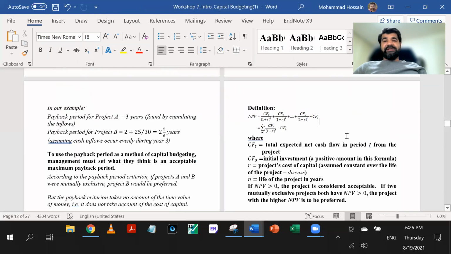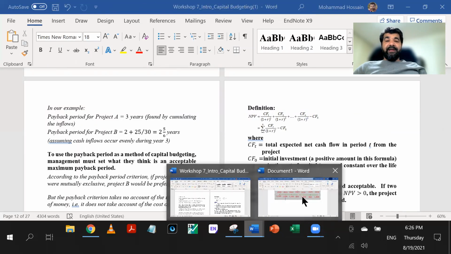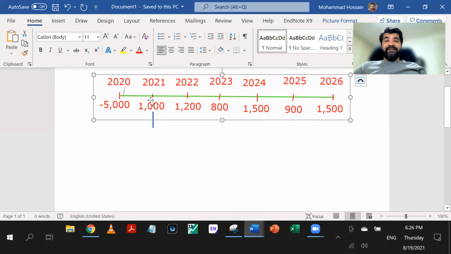In short, all these figures, the values of these cash flows, we have to bring to 2020, this specific current date.